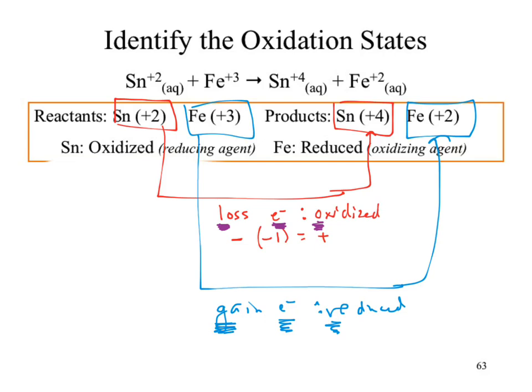If I caused you to gain electrons, where did you get the electrons? You got them from me, the agent. Well, what happened to me then? I was oxidized. Which species was oxidized? Tin. And I now have the reducing agent.